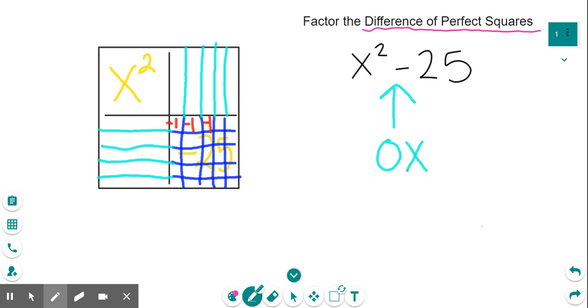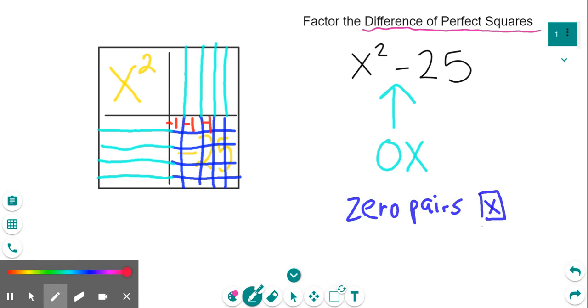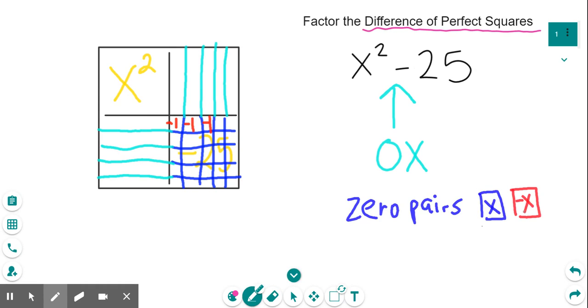Do you guys remember the term 0 pairs? And remember, 0 pairs are 1x, and then the other one, negative x. And remember that they cancel each other out. Okay, they cancel each other out and they give you a 0.